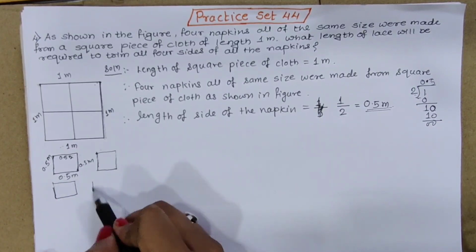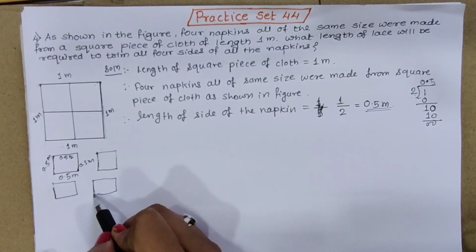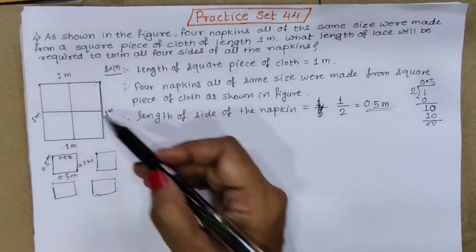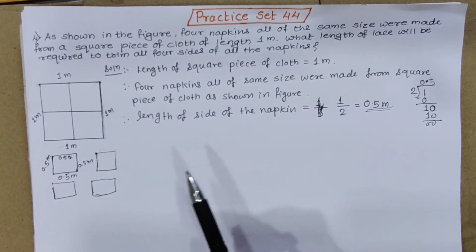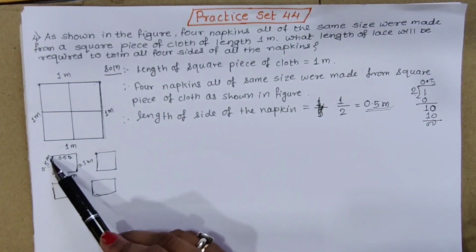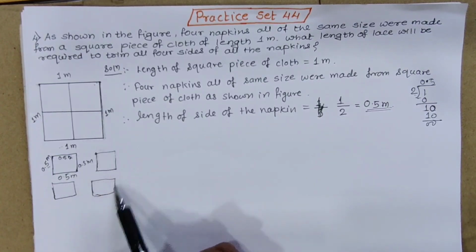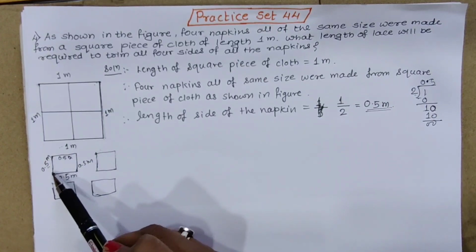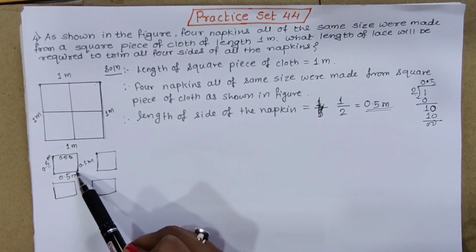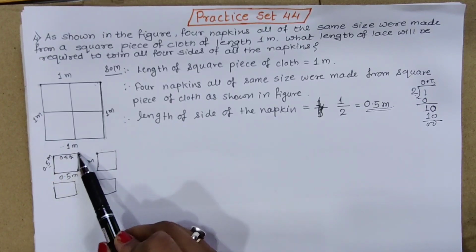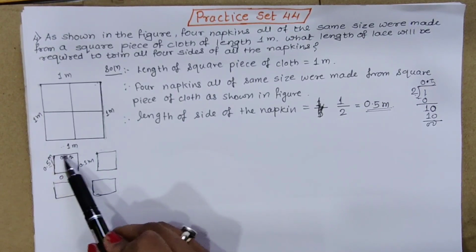This is the third, this is the fourth. In this way, 4 napkins will be cut from this one square piece. We want to find the length of lace required to trim all 4 napkins. So first we have to find the length of lace required to trim one napkin. That means we have to find the perimeter of this one small napkin.